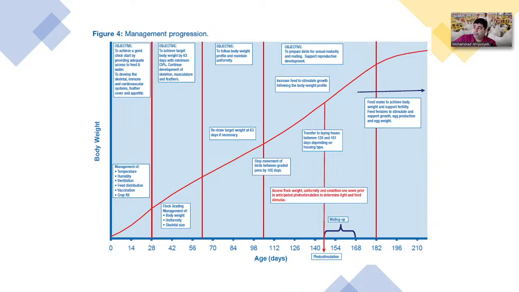For example, for body conformation, you can measure your birds' shank length on their feet. It's an indicator of body conformation, to see if your birds have developed a good frame or not.